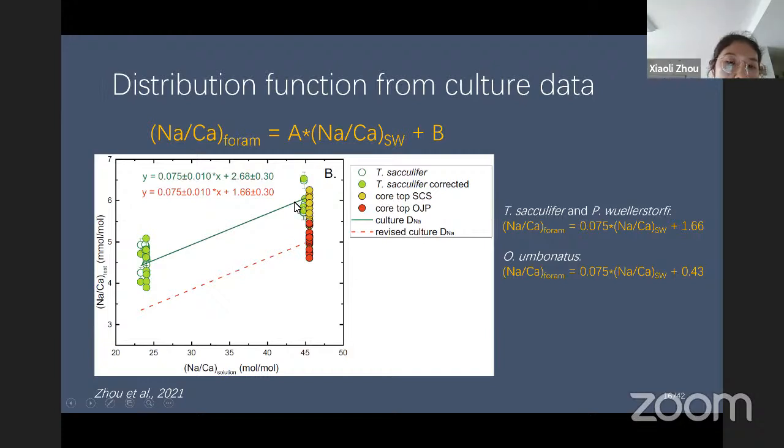So we shifted the calibration vertically to get the calibration that can be applied to the downcore samples. Here we use the red equation. And because we observe a similar average value of sodium-calcium in wuellerstorfi versus sacculifer, we adopted the same equation for wuellerstorfi. For Ambonatus, we adopted the same slope but a different intercept.